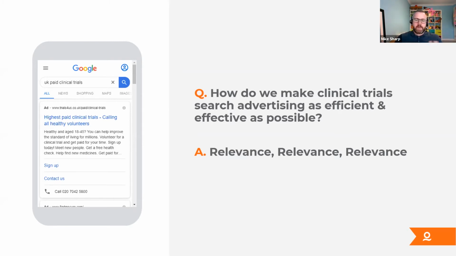Google only gets paid in this relationship when the user clicks on that ad. The advertiser equally is paying for someone to go through to their site, so they want to make sure this ad is as relevant to that user as possible to minimize any wastage in getting the wrong person to the site. And then finally, from a user's perspective, they want the most relevant result back to them, and they want it first time.